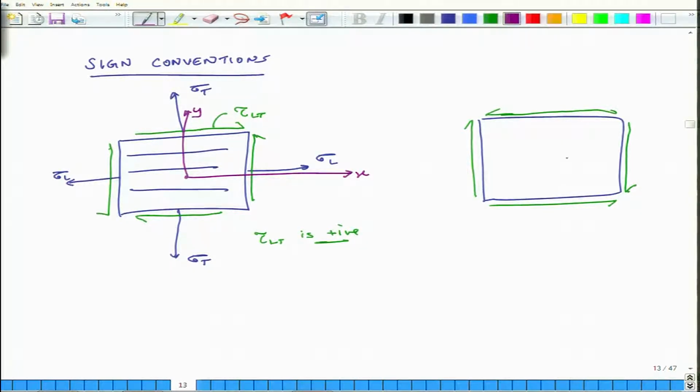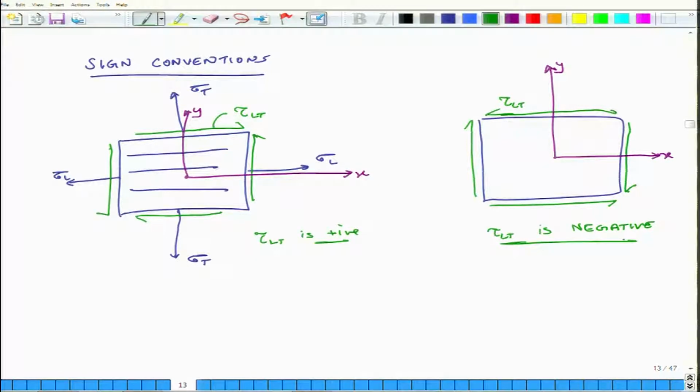Similarly, then this is tau LT, and tau LT is negative. Now let us move on and understand what happens when the direction of shear stress gets reversed.